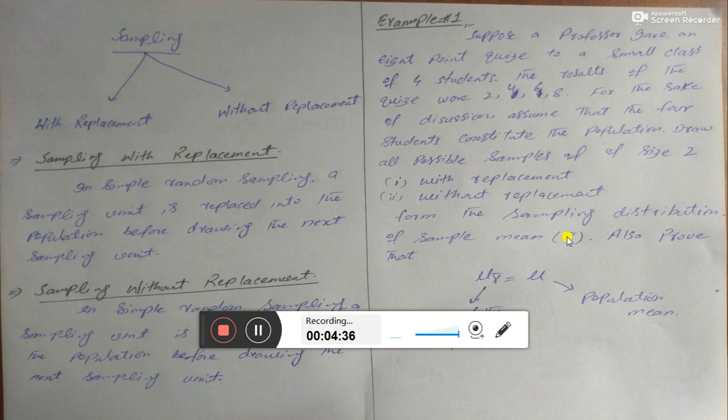We will calculate the sampling distribution for the sample mean, and then we will prove this expression. By proving this expression, I mean that I will calculate the left hand side, mu of x bar, that is the mean of the sampling distribution of x bar, and then on the right hand side I will calculate mu, which is the population mean.